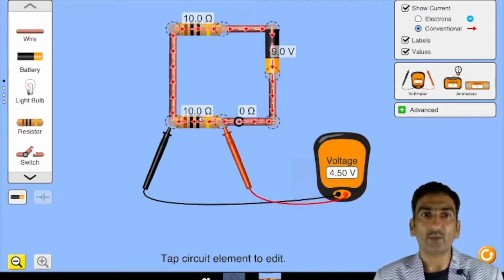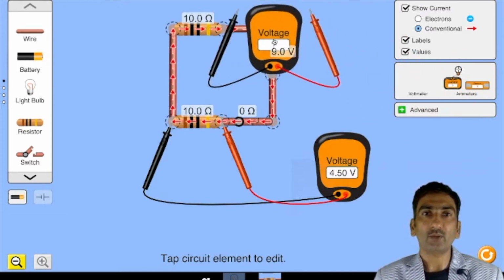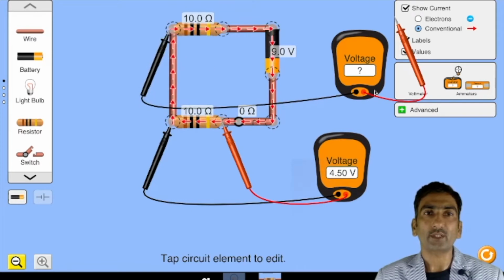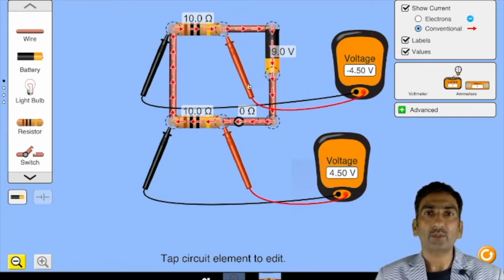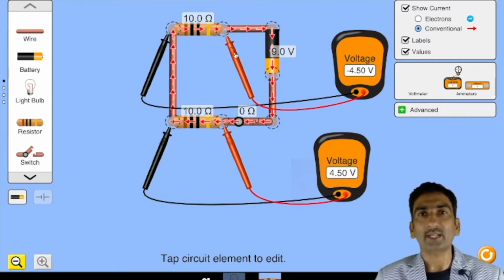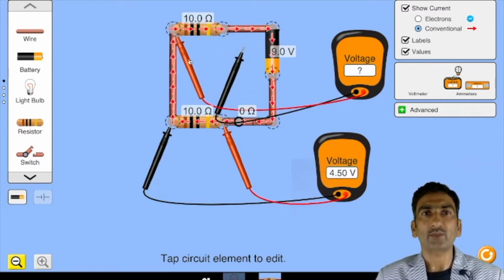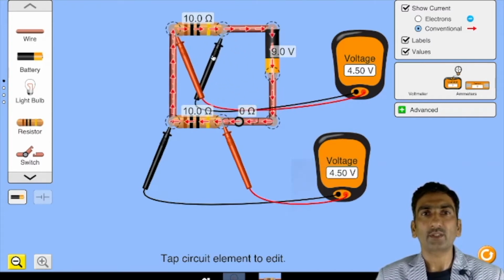So 4.5 volt here, and here also you can check across these two terminals, and that would be exactly the same. Just ignore the sign over there; we can change that.